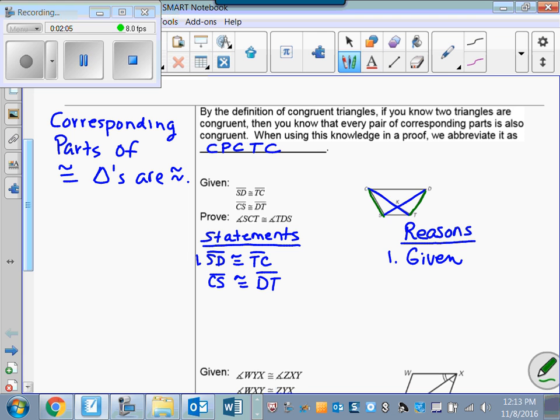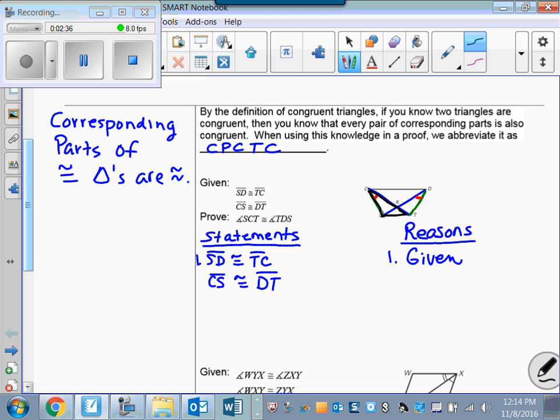So what am I trying to prove here? I'm going to mark these angles that I'm trying to prove are congruent in red. Angle SCT, so that would be this angle right here. I'm trying to show that that's congruent to angle TDS. So that looks like that one right there. So what it appears to me is that I need to show that this triangle right here, triangle CST, is congruent.